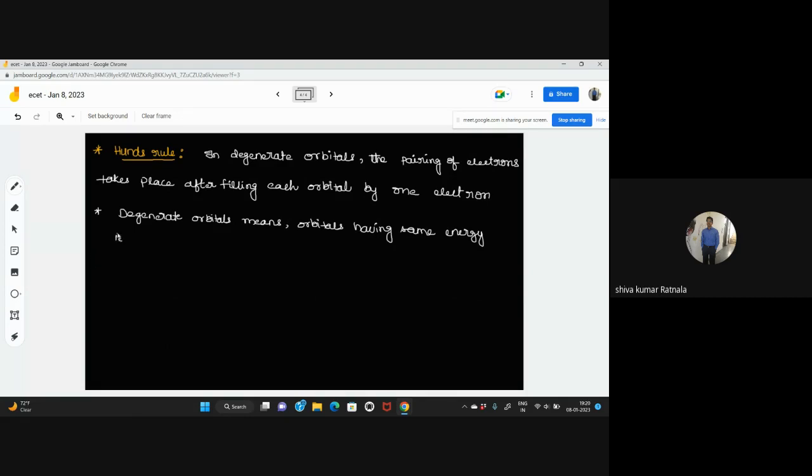Example, that is p, d, f. And we know in p how many suborbitals are there? There are three suborbitals like this. And in d, there are five suborbitals.